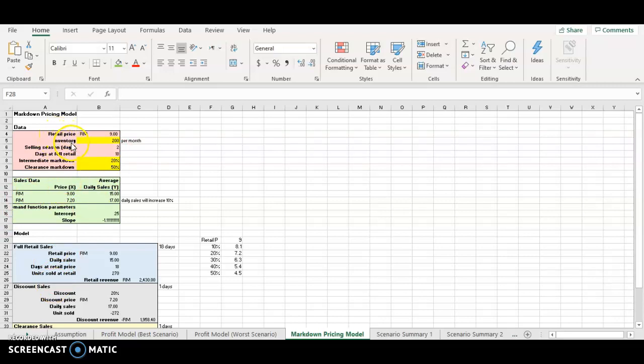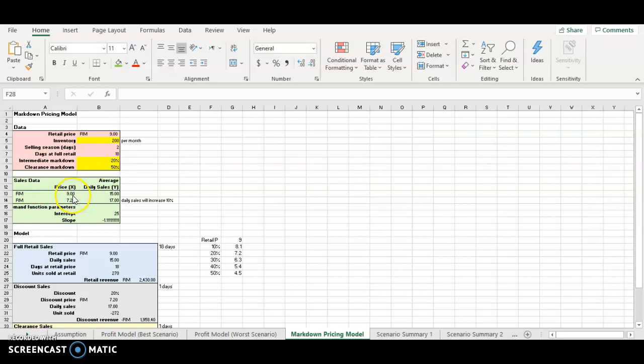On retail price, investor, selling season, the days of full retail, intermediate markdown, where intermediate markdown is the discount that I will give to attract more customers, and for the clearance markdown is the discount charge that I will be charging on my retail price to clear my stock.